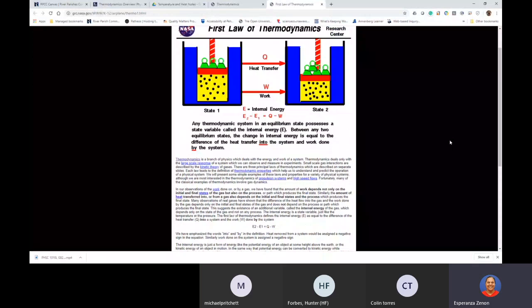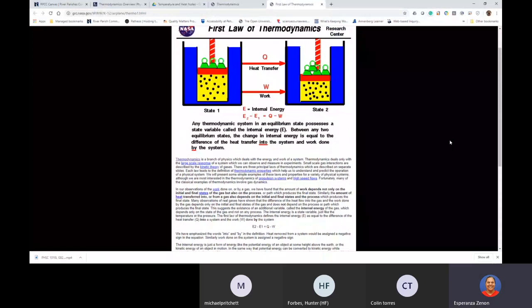That's why it says here, any thermodynamic system in an equilibrium state possesses a state variable. In other words, it's the characteristic of the system that's called the internal energy, E. So these thermodynamic systems that we want to study on a large scale, they all possess this characteristic called internal energy.